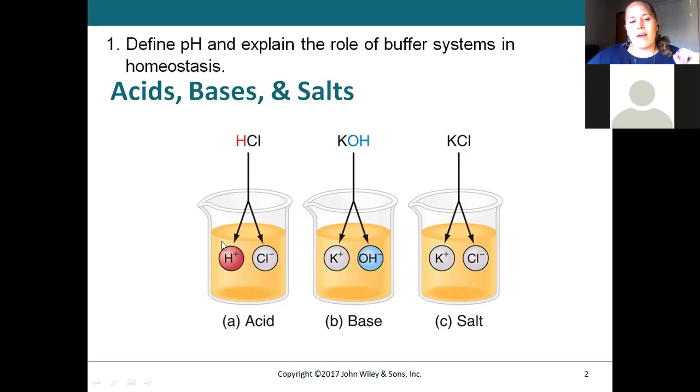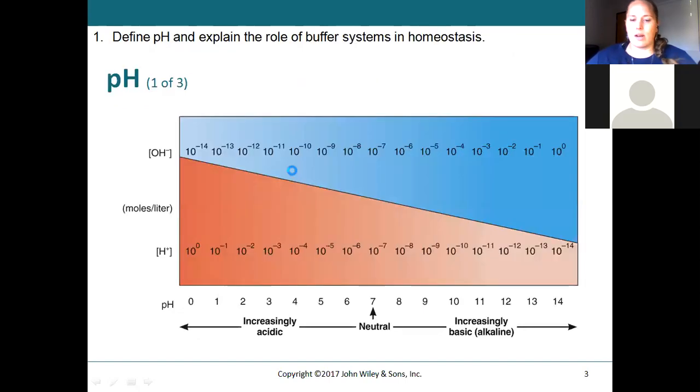That positive hydrogen, a high number of hydrogens, is going to give you the acidic substance, and it's going to lower the pH the greater number of those hydrogen ions you have present. For the bases, in this case, you have potassium hydroxide. It dissociates in water, where you have the release of a potassium ion and a hydroxide ion. And it's the high concentration of those hydroxide ions that makes that substance basic.